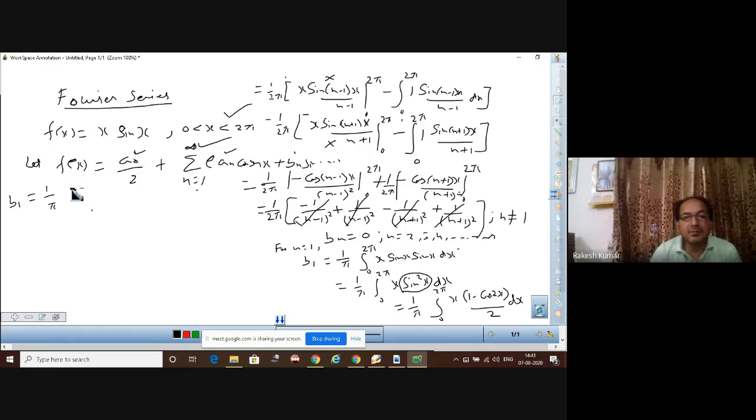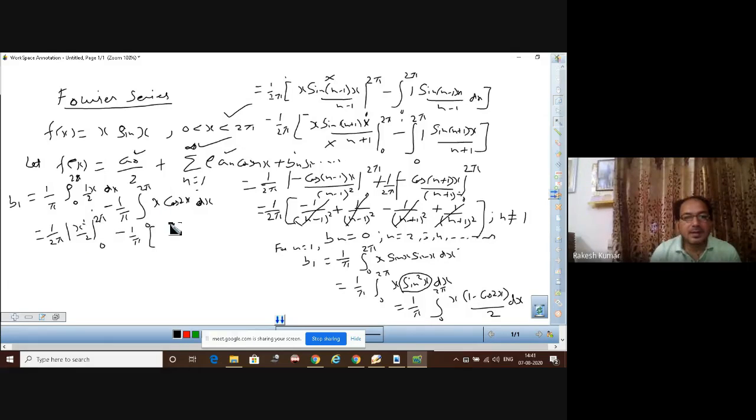Remember we are finding b1, that is 1 by pi integral 0 to 2 pi of x sin x dx, which is 1 by 2 pi integral of x dx minus 1 by pi integral 0 to 2 pi of x cos x dx. This is 1 by 2 pi, x square upon 2. Substitute the limit 0 to 2 pi, minus 1 by pi.